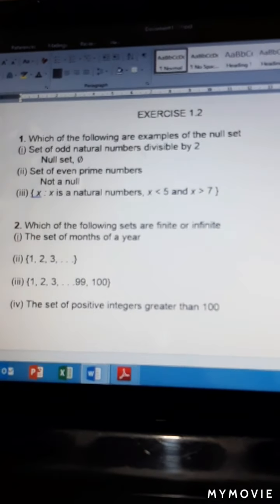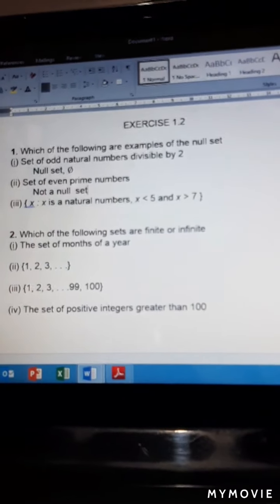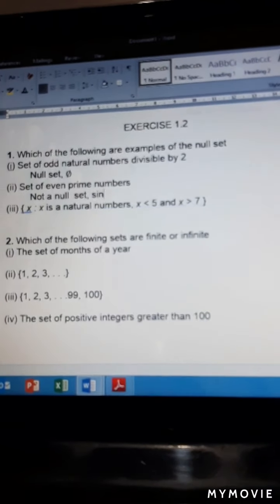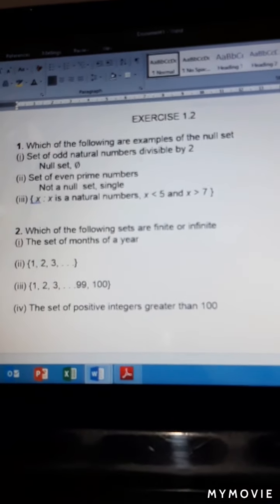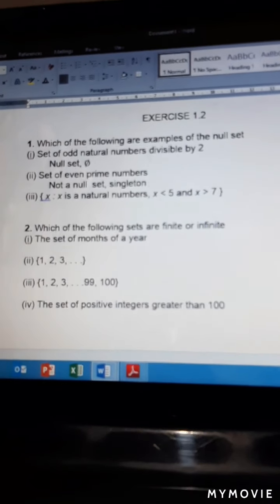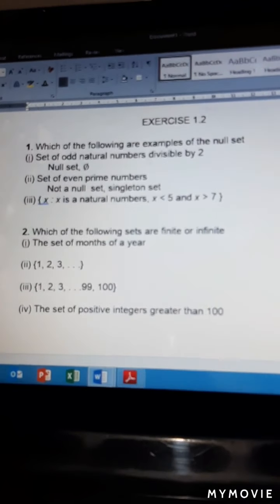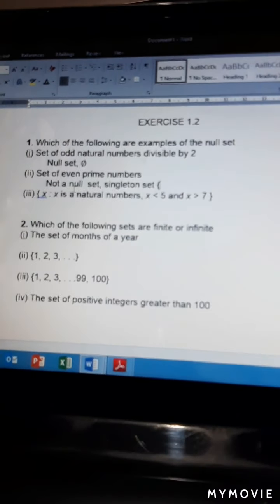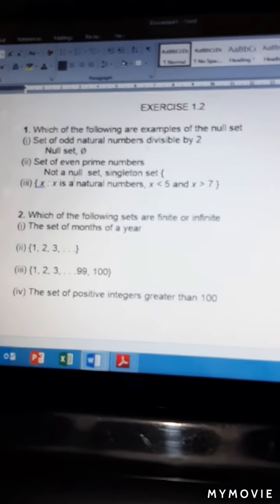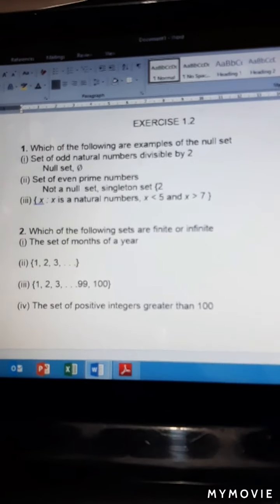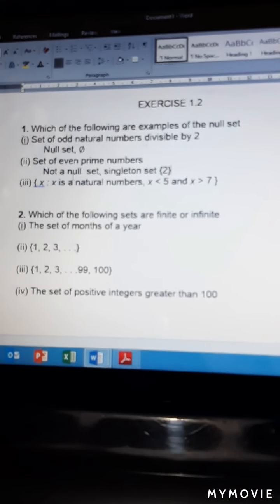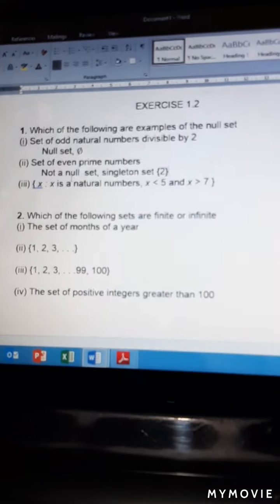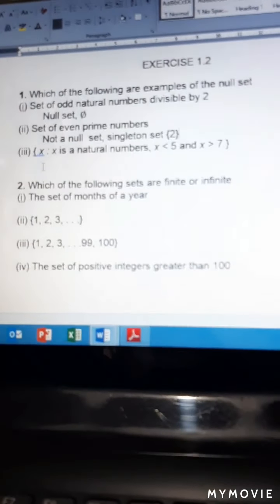In fact, it is a singleton set. You can write, if you want, in a set, you have this 2, and then I'll complete the curly braces. Singleton set 2. So this is not a null set.